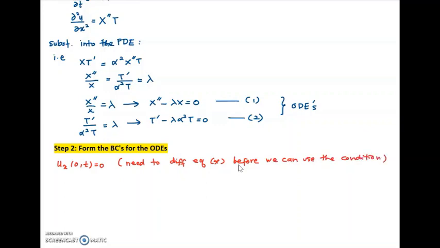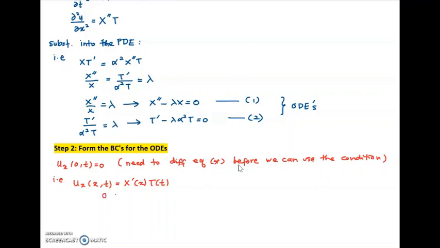From the equation star, u_x(x,t) simply means you differentiate u with respect to x, so you are going to have this, because you differentiate X. Now you can use the condition, because you already have the equation for u_x. When x equal to 0, u_x is 0.